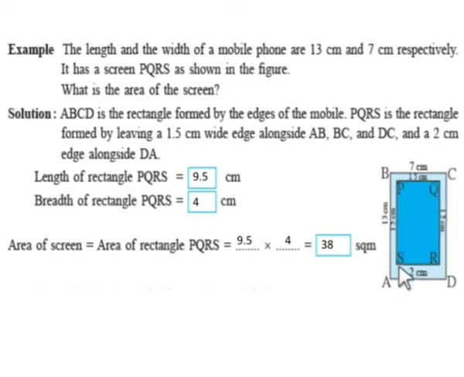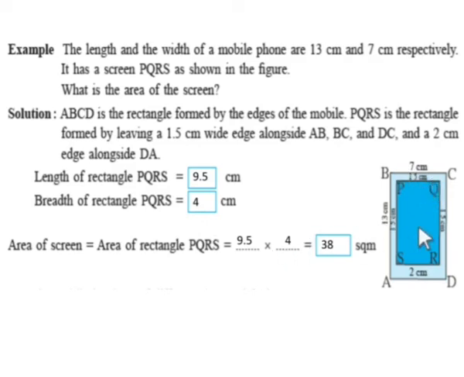Here the length of rectangle PQRS will be 13 minus 1.5 minus 2, you will get it as 9.5 centimeter. Now to find the breadth, here it is 7 centimeter. From that we will subtract 1.5 and 1.5, we will get it as 4 centimeter. Now the length and breadth of the screen will be 9.5 centimeter and 4 centimeter.